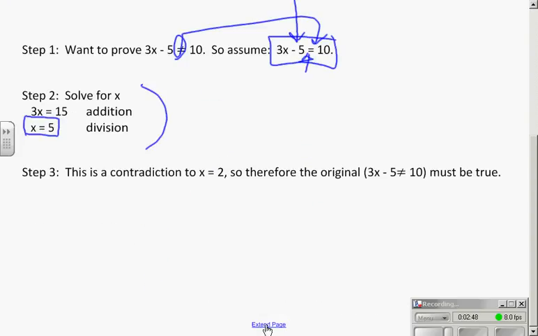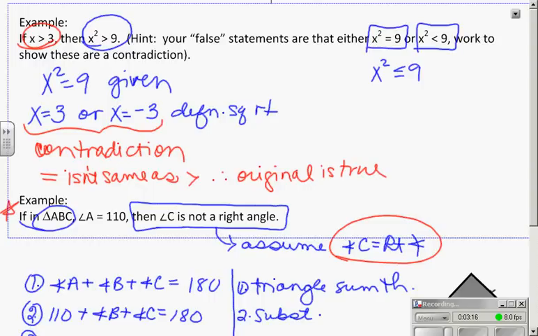We add 5 to both sides, 3x equals 15. Divide by 3, we end up with x equals 5. And this is a contradiction to our original. So therefore, the original must be true. The only way to get it equal to 10 is if x equals 5. So if x equals 2, then it can't equal 10. So we proved it by contradiction that the original was true.